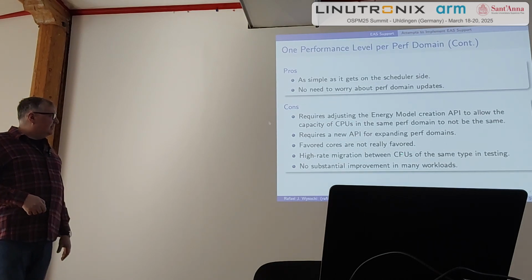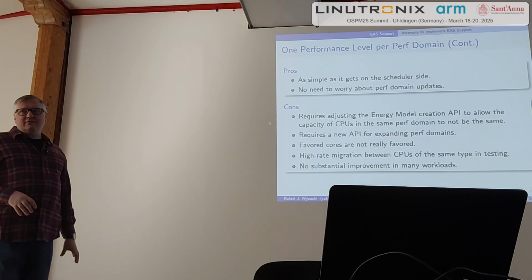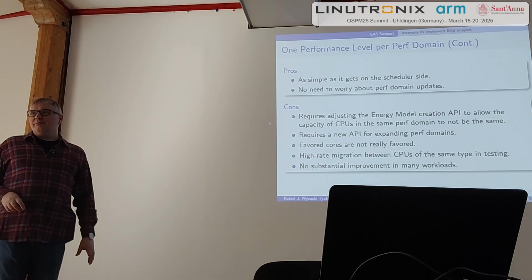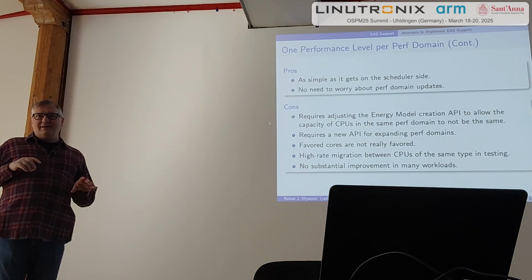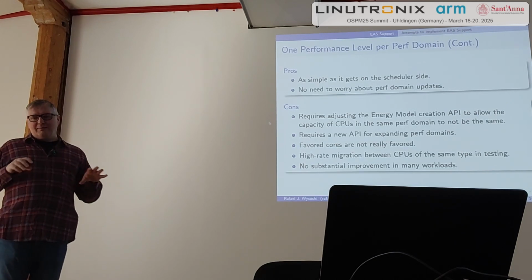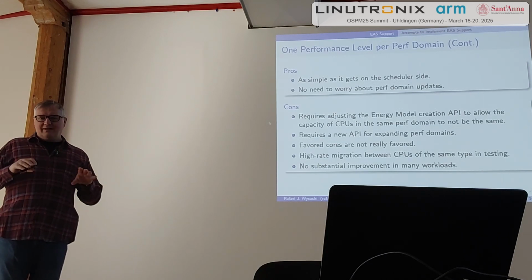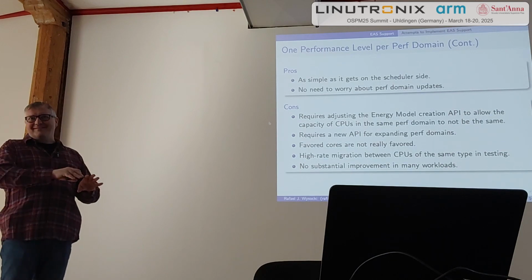Okay, and that's something that we've seen in testing of this. So first of all, we observed high migration rates between CPUs of the same type. I think the reason why is that the scheduler picks up the CPU with the highest perf capacity, and so if the tasks go to sleep and wake up, then every time a task wakes up, another CPU turns out to have the most perf capacity, and it goes there.